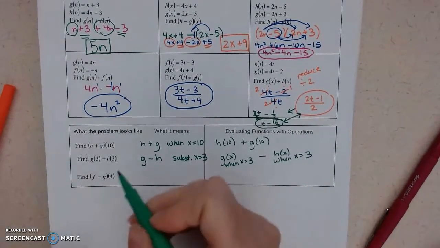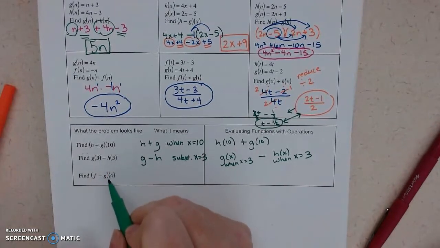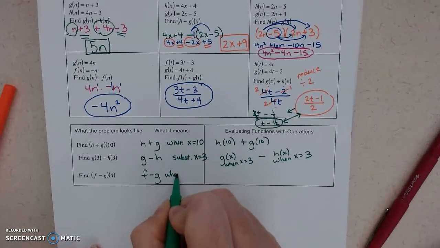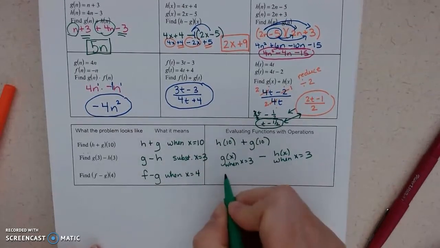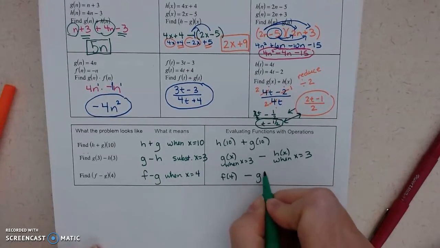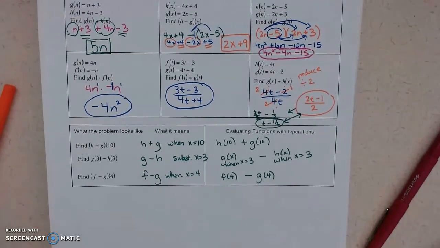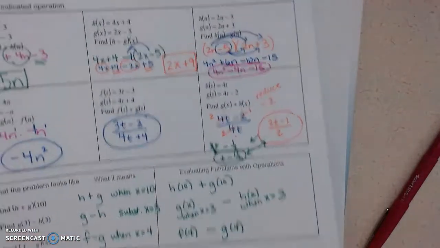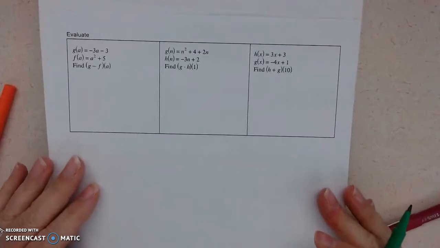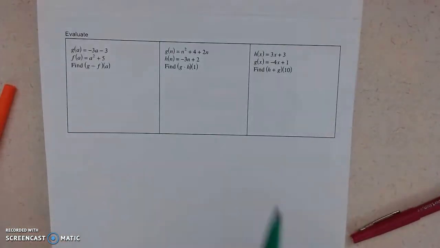Okay, so this is going to be the same idea. I can also do f minus g when x equals 4, or I could do f of 4, substituting, and I could take off g of 4 and then subtract. So let's go through some examples. So I can show you both ways.